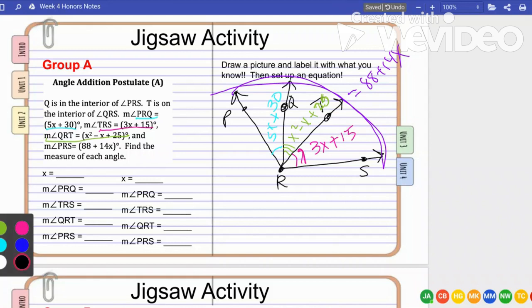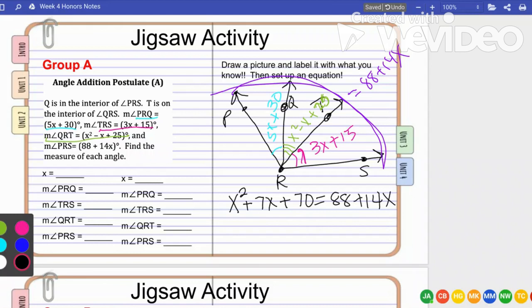What I'm going to do is combine all the angles together and set it equal to the outside angle, which is the total. So when I do this, I end up with x squared plus 7x plus 70 equals 88 plus 14x.